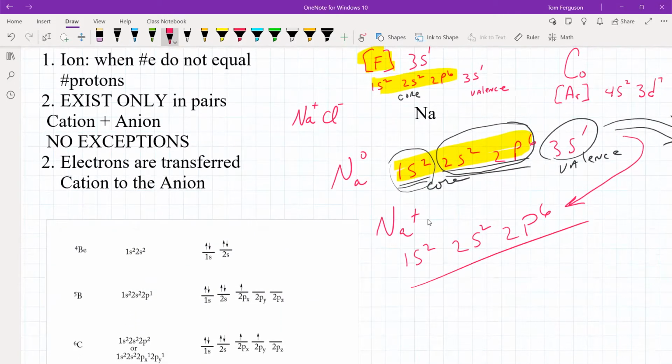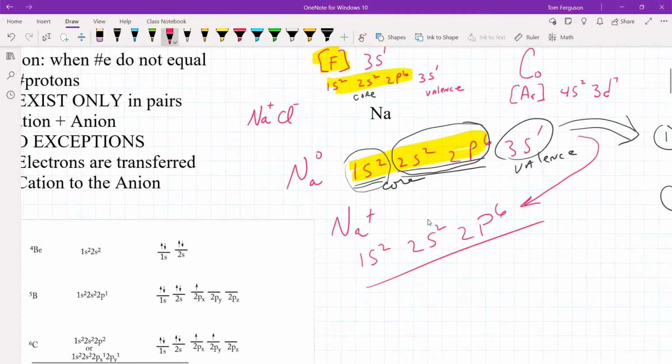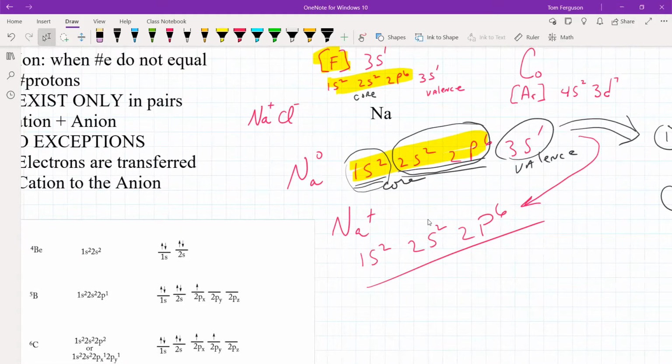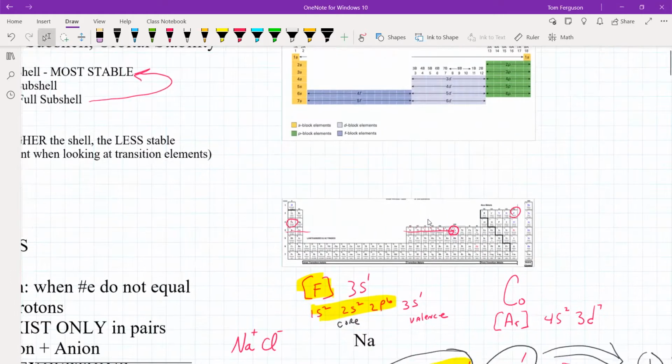So this is basically made up of just core electrons, super stable. The driving force for the sodium +1 ion forming is that we go from a partially filled subshell to a full-blown full shell. And that mimics the noble gas configuration. So basically, sodium is losing an electron to be like the noble gas configuration.